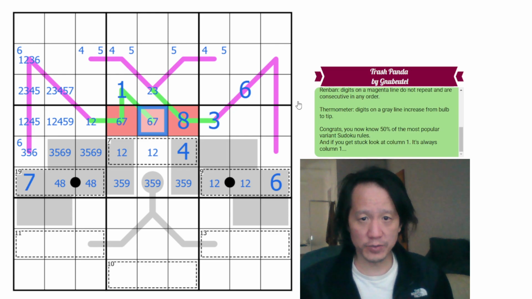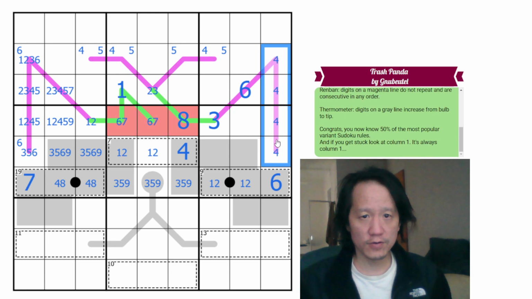Let's see, what else do we have? This also must contain a 4 or 5, because it has to be 3, it's either 1 through 6, or 2 through 7, or 3 through 8, which contains 4 or 5 either way. And again, this can't be 4 or 5, so we know the 4 or 5 has to be one of these 3.